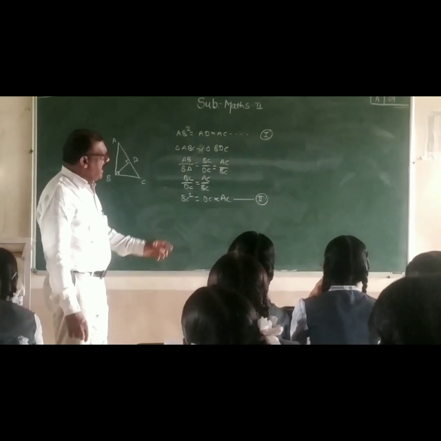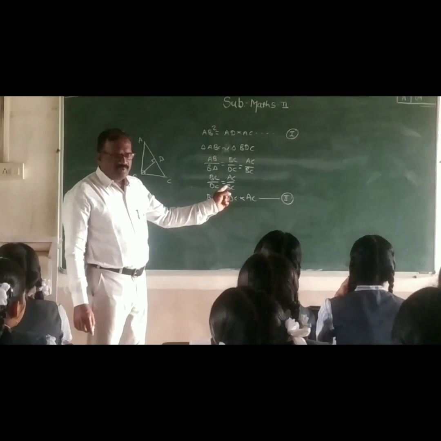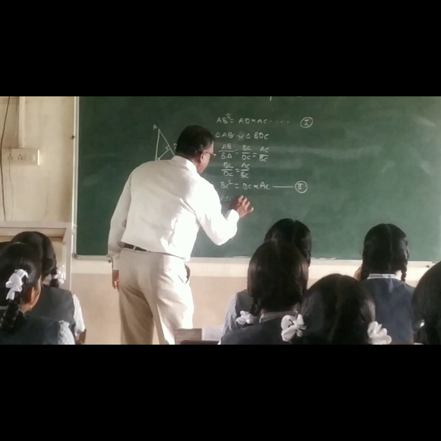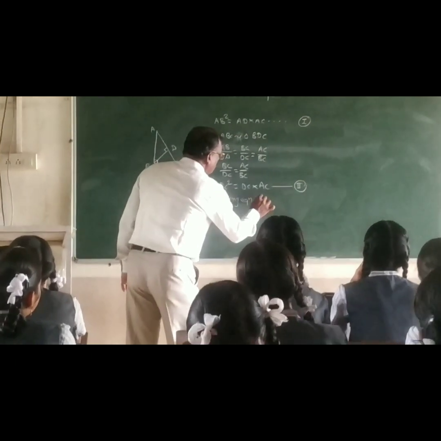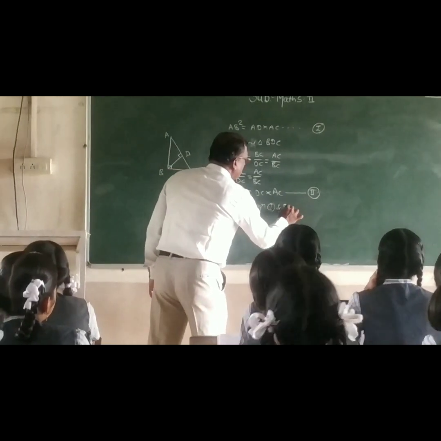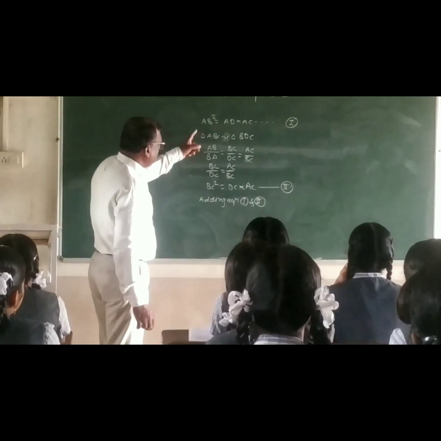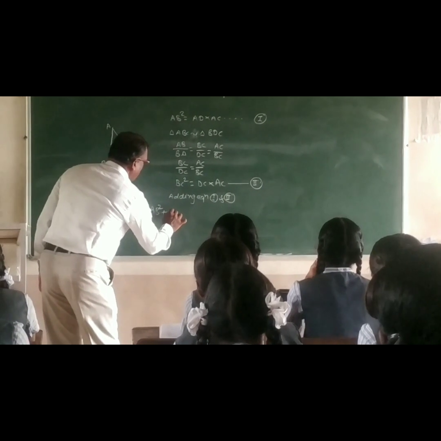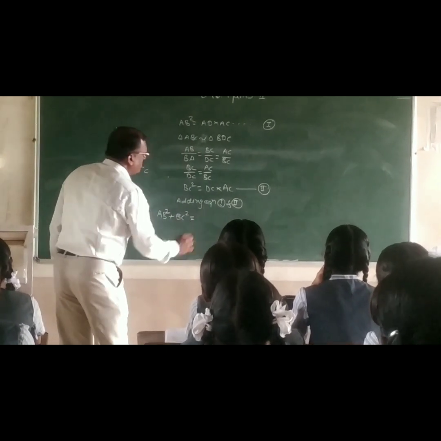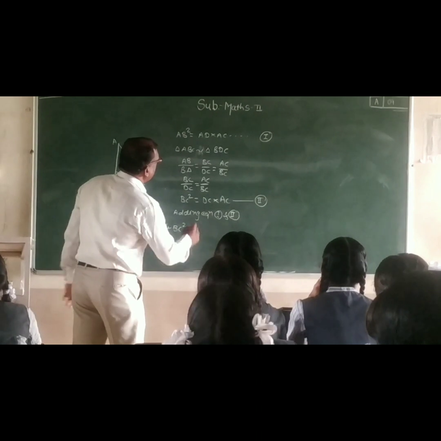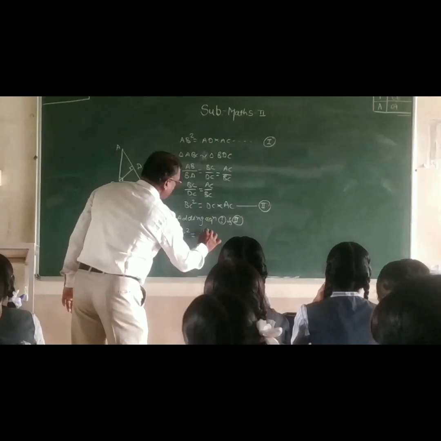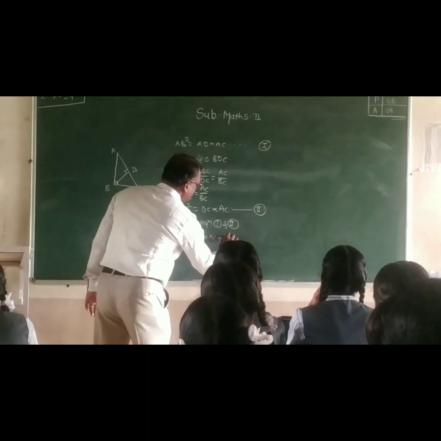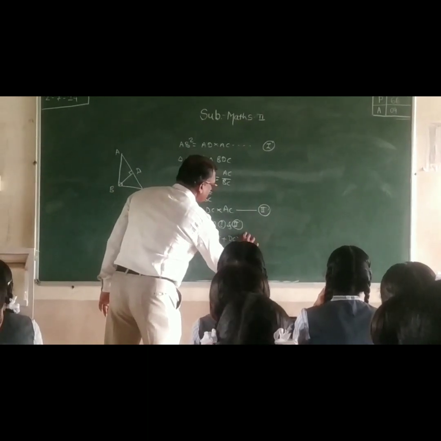By adding equation 1 and 2, we get AB square plus BC square is equal to AD into AC plus DC into AC.